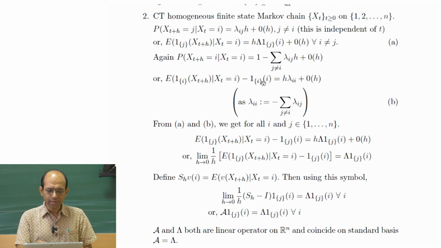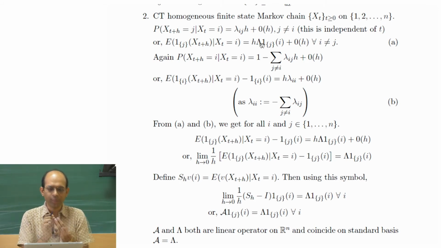So this 1 is rewritten this way, and then minus the summation of lambda_ij can be rewritten as lambda_ii, because the ith diagonal element of the matrix Lambda is the negative of the sum of all other elements in the same row. Why is it so? Because capital Lambda is the rate matrix, which has row sum 0.